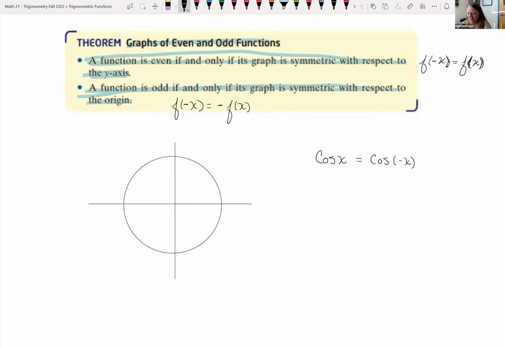Which is a little kind of confusing, because when you're looking at this theorem, it's not technically right. Like let's say that this was our x value here.